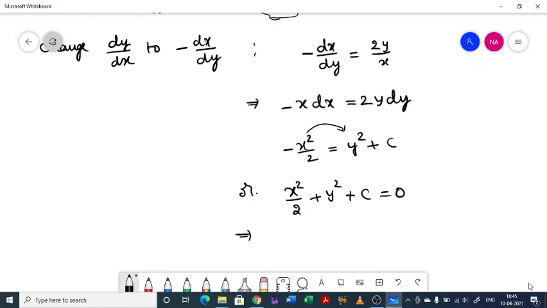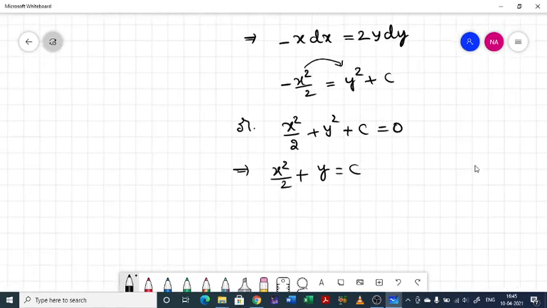So this you can write as x square by 2 plus y square equal to c.